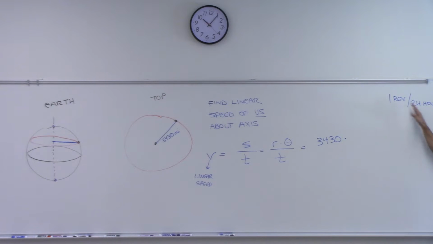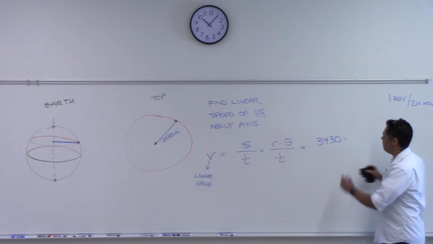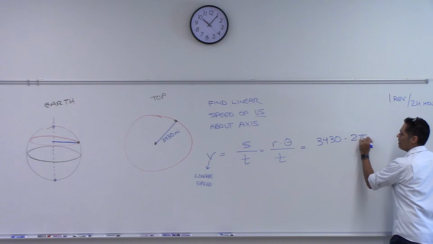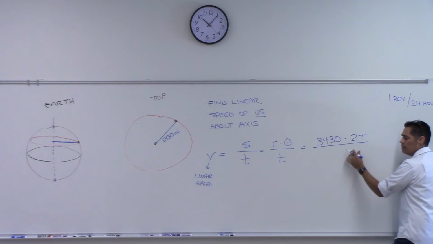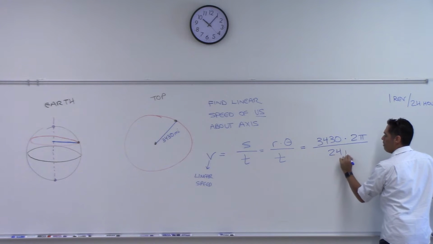But I'm going to say per hour, because our final answer we want to be in miles per hour so that we can understand what the speed is. So you agree 1 revolution per 24 hours? Which for us, we need in radians. So this 1 revolution is really what? 2 pi, right? So here my angle is going to be 2 pi. That's 1 revolution over, what's the time it takes to do that? 24 hours.